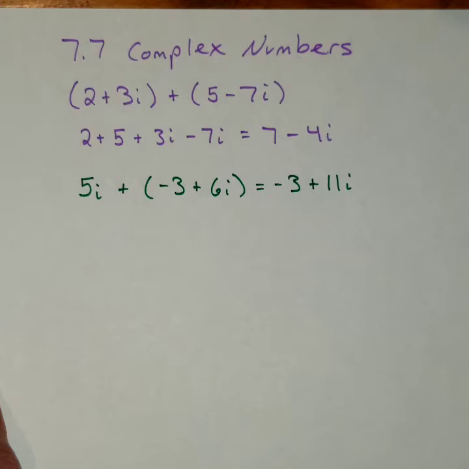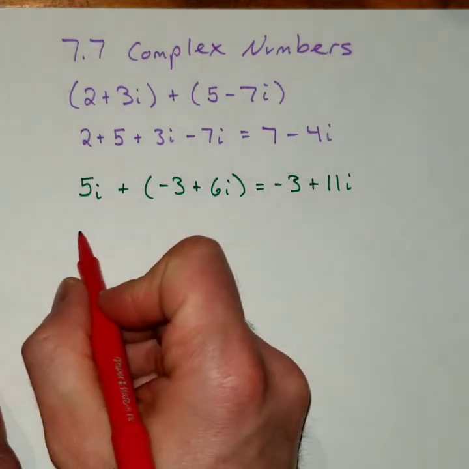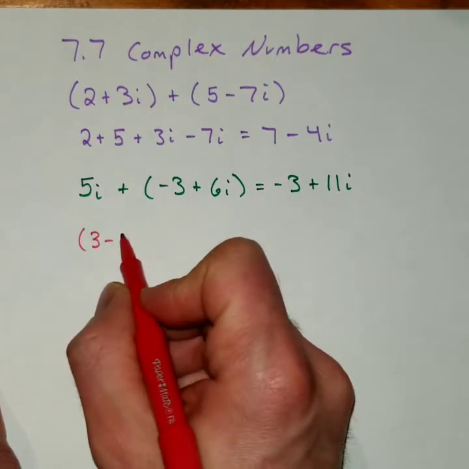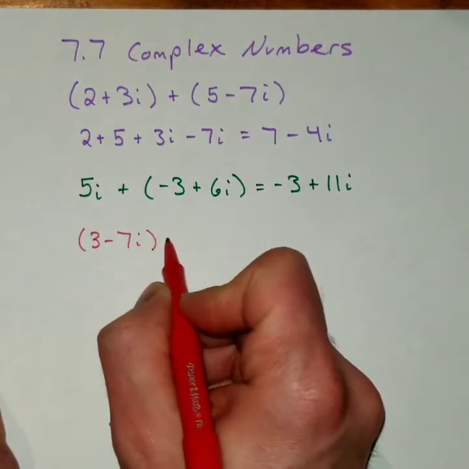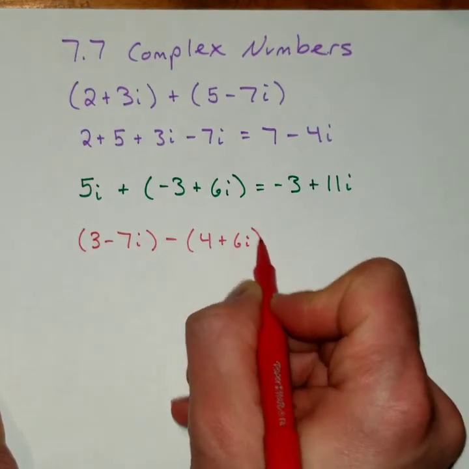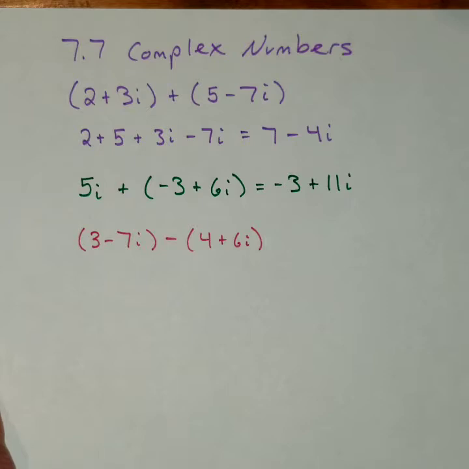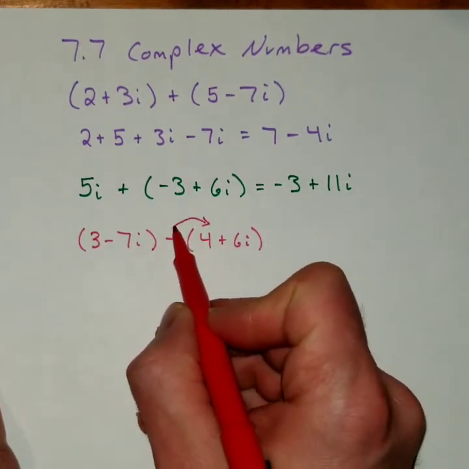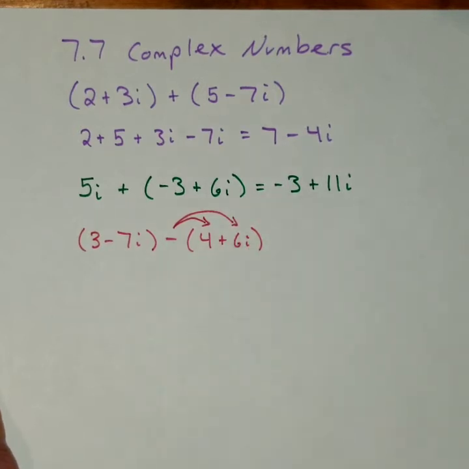The subtractions are going to behave just like subtracting polynomials. So if we had 3 minus 7i minus 4 plus 6i, then I want to distribute the minus first, changing both signs on the right.